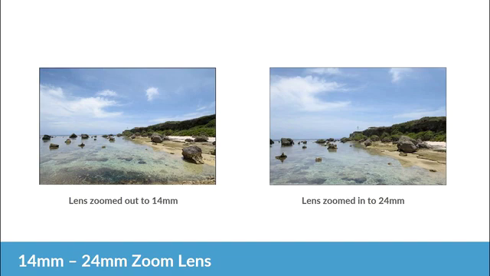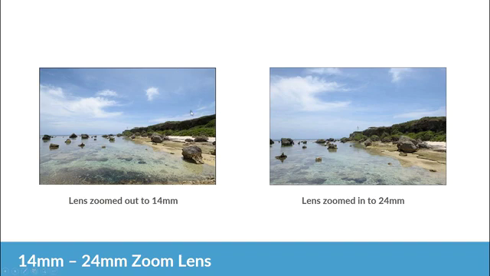So this also applies to zoom lenses as well. The whole idea here is exactly the same with zoom lenses. For example, if we're using a wide angle zoom lens like our 14 to 24mm here, on the left we have the lens zoomed out at 14mm, and on the right we have our 24mm zoomed in. Not too much of a difference, but pay attention to the edges of the frame. Again, it's still having quite a bit of an effect.